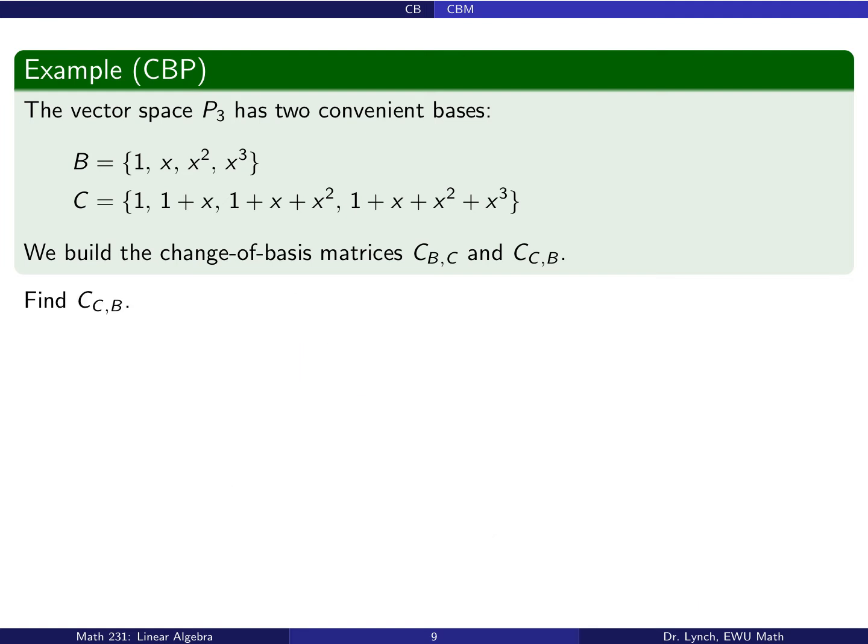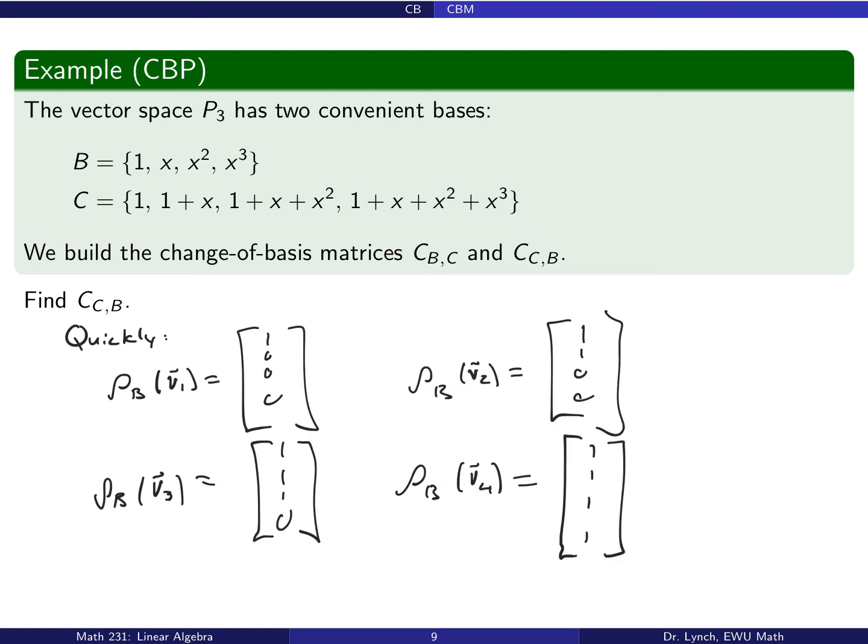Similarly, we can find the change of basis matrix with respect to the bases C and B. Here we'll do things in the reverse order and find the representation of the elements in C with respect to the basis B.